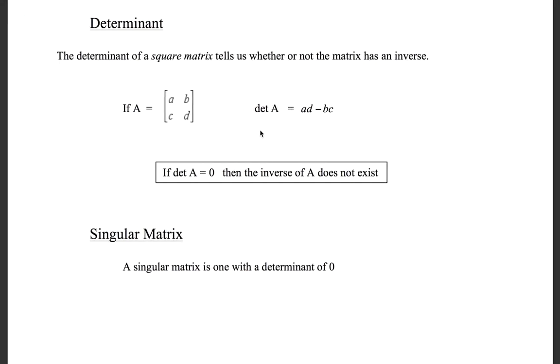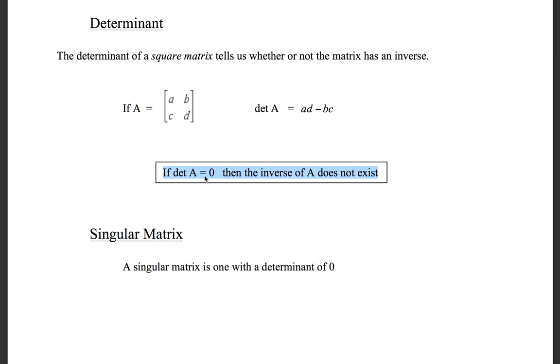Now the determinant is used to tell us whether or not the matrix has an inverse. The only thing we're worried about is if the determinant equals 0. If you look at this highlighted box, if the determinant of A equals 0, then the inverse of A does not exist. The opposite is also true: if the determinant of A does not equal 0, then the inverse of A does exist. This is critical for the next thing we're going to do.